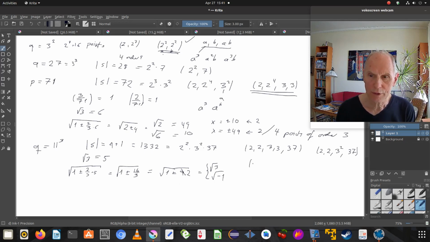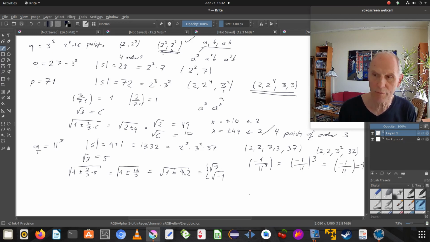So does minus 1 lie in the Galois field? And this is a negative. It's 12 minus 1.